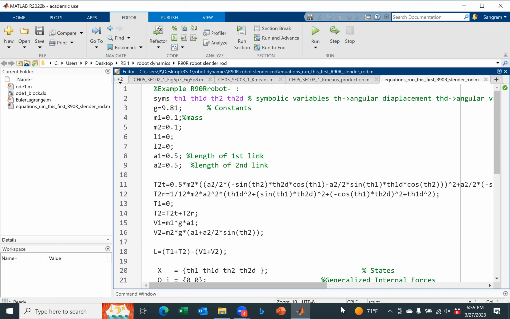Okay. The next part is now we go on to link number 2. So link number 2 has the kinetic energy of translation. The kinetic energy of translation is 1/2 m2, and you have this Vx from here to here. And believe you me, we have solved this problem.